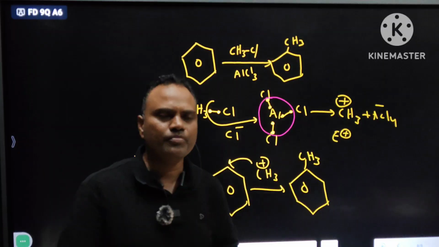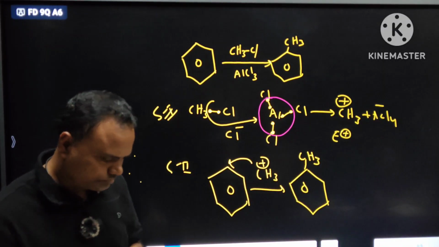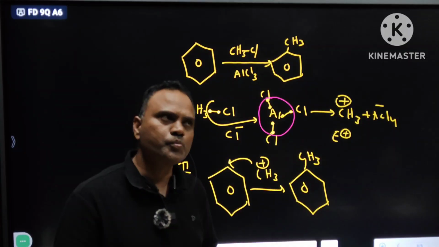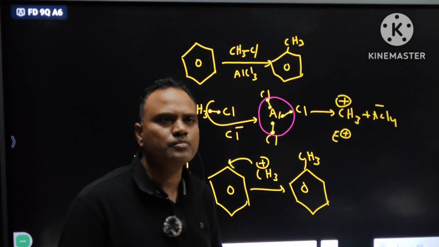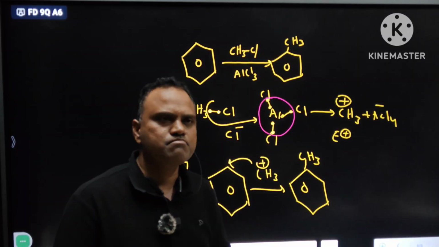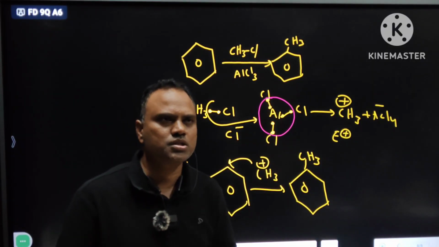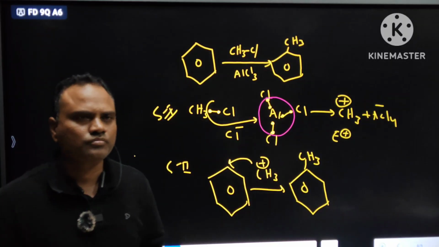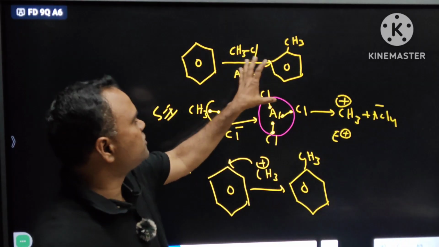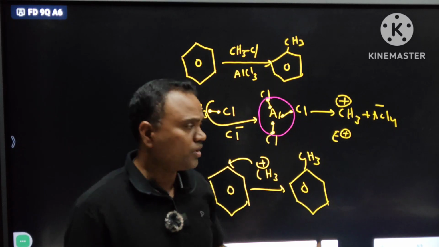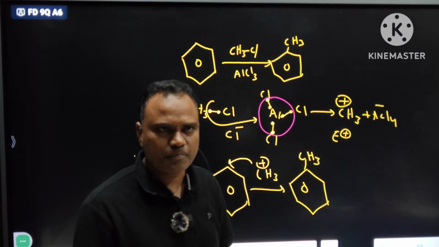This is the mechanism. So benzene is participating in Friedel-Crafts alkylation. We are getting the product also, methyl benzene.